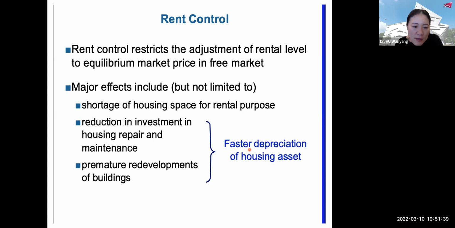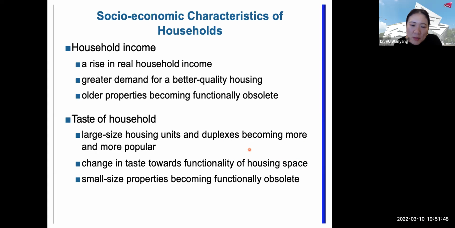So this is the effect of rent control on depreciation. We also have other socioeconomic characteristics of the household that will affect depreciation.